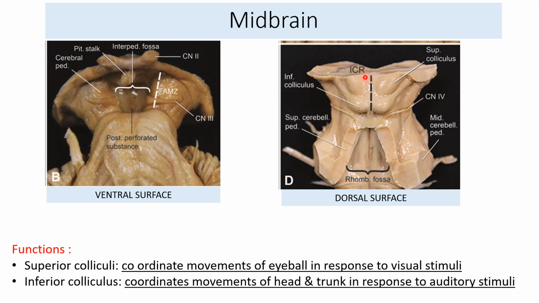The response to auditory stimuli, in which coordinated movements of the head and trunk take place, is brought about by the inferior colliculus. If somebody speaks, or we have an auditory stimulus, and the head and trunk move in coordination, that is brought about by the inferior colliculus. So these are the two important functions of the midbrain.